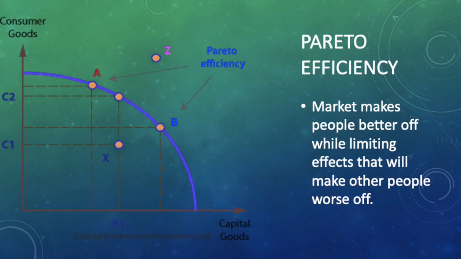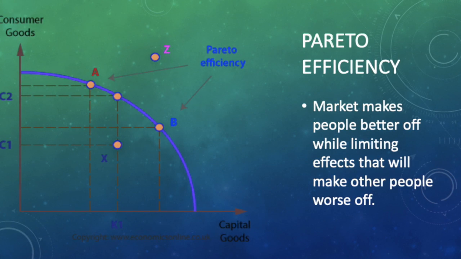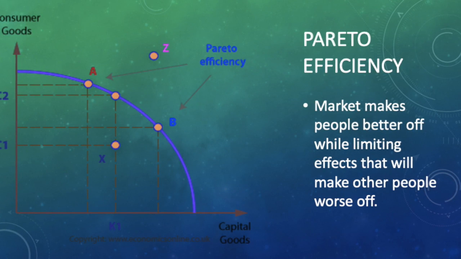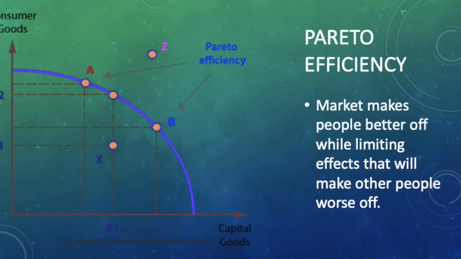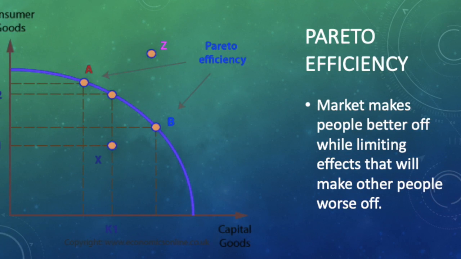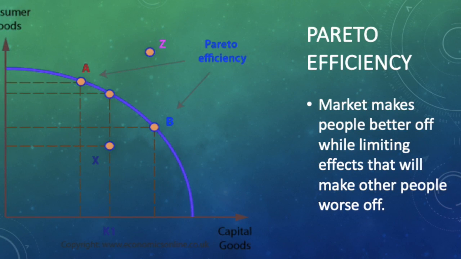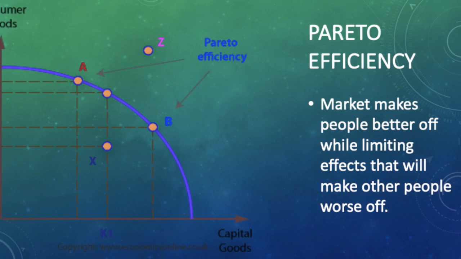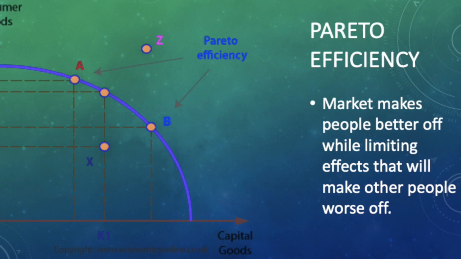Balance is important in markets, and Pareto efficiency is a way in which balance can be achieved, or is hoped to be achieved. So it's sort of a measure, and it focuses on how people are going to be affected. An example we can use is the rich: if the rich are going to be affected positively, will the poor be affected positively as well, or will they be affected negatively?